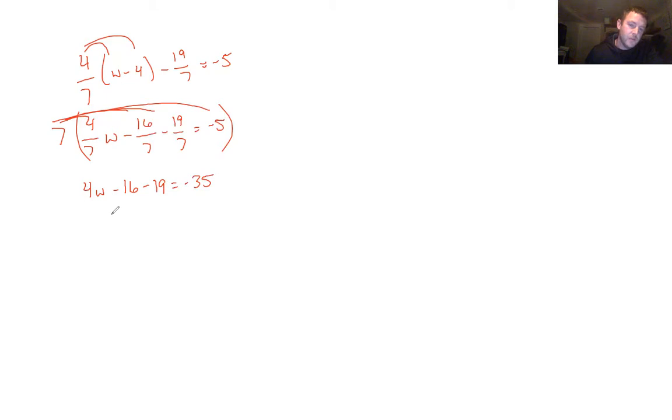Now simplify. So I got 4W minus 35 is equal to -35. I'm going to add 35. So I got 4W is equal to 0. Divide by 4. Get W is equal to 0 over 4, which is 0. So this would be one solution.